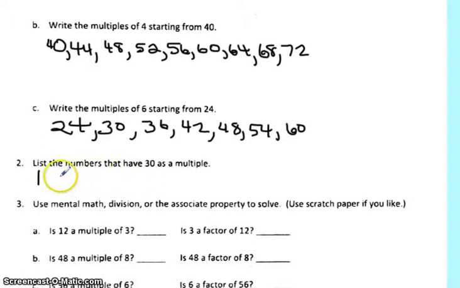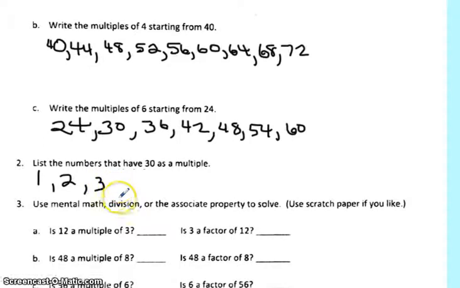Can we skip count by 2 and land on 30? 2, 4, 6, 8, 10, 12, 14, 16, 18, 20, 22, 24, 26, 28, 30. So 30 is a multiple of 2. Is 30 a multiple of 3? 3, 6, 9, 12, 15, 18, 21, 24, 27, 30, because 3 times 10 is 30.